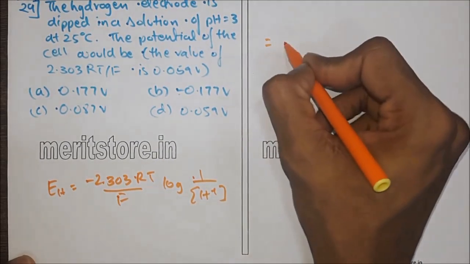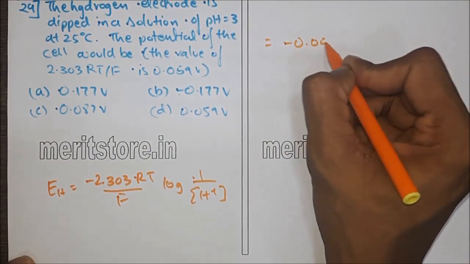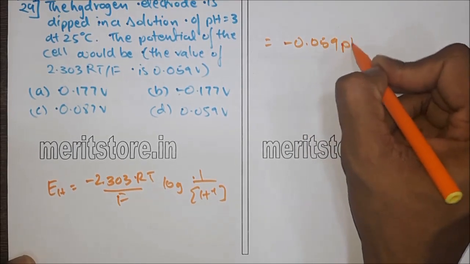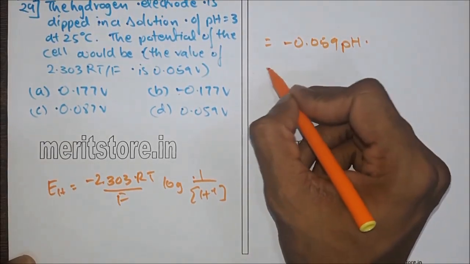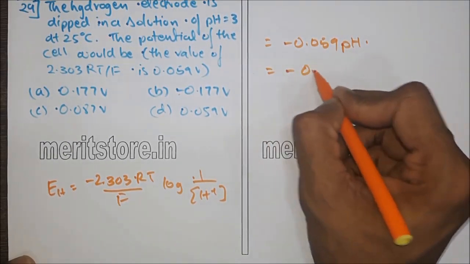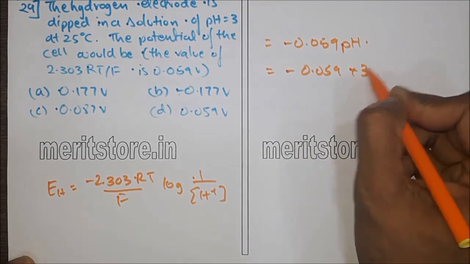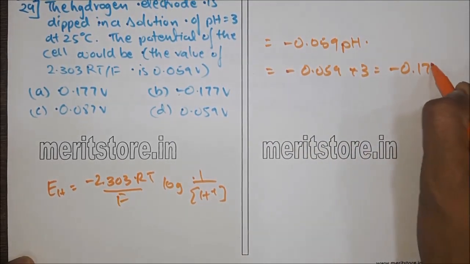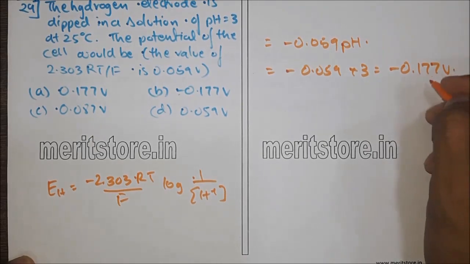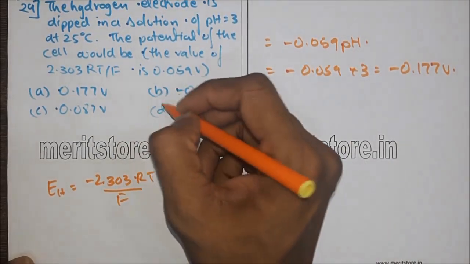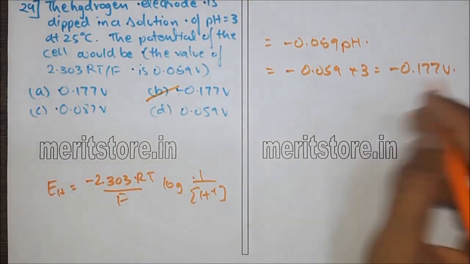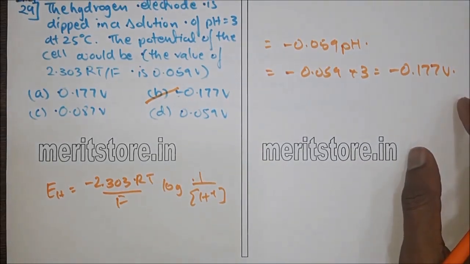So we get 0.059 pH. Substituting the value of pH, we get minus 0.059 into 3, which is equal to minus 0.177 volt, which matches option B. Therefore, option B is the correct answer.